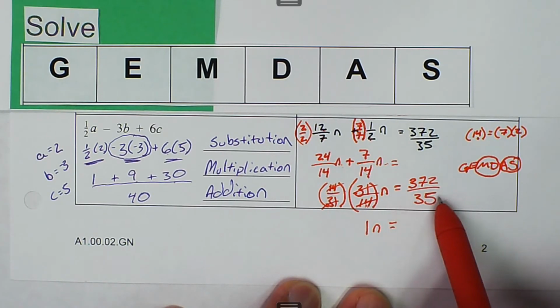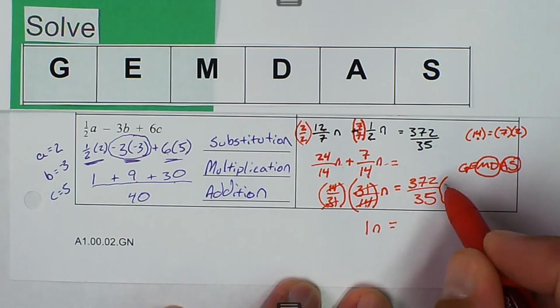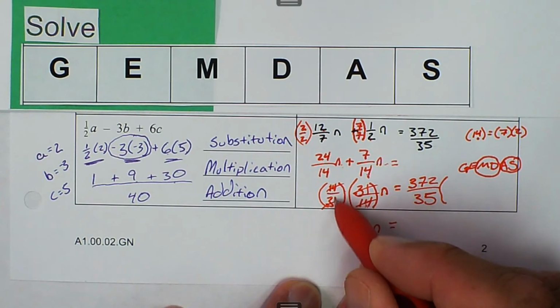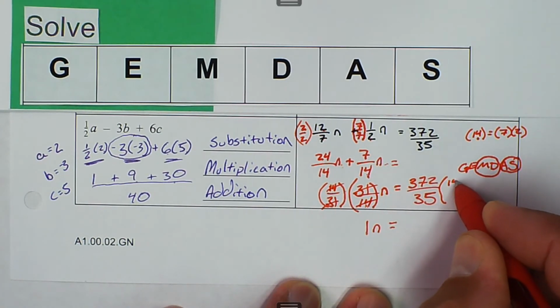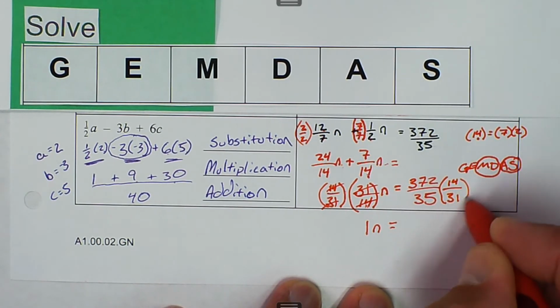So we have to do the same thing on the right side. We have to multiply by the reciprocal, or the same thing that we did over here, which is 14 over 31.